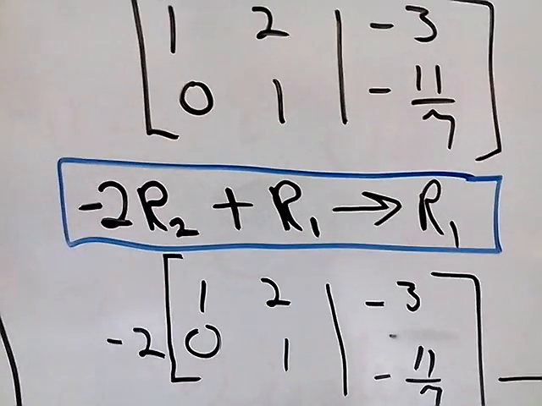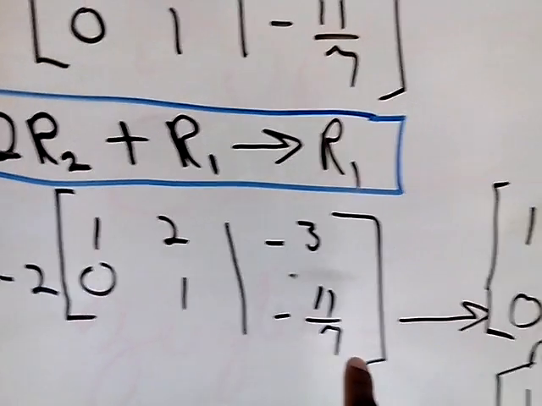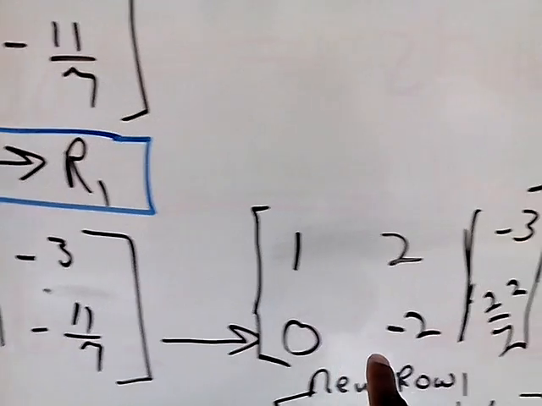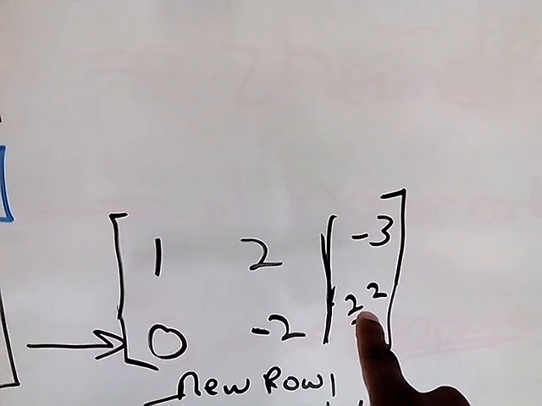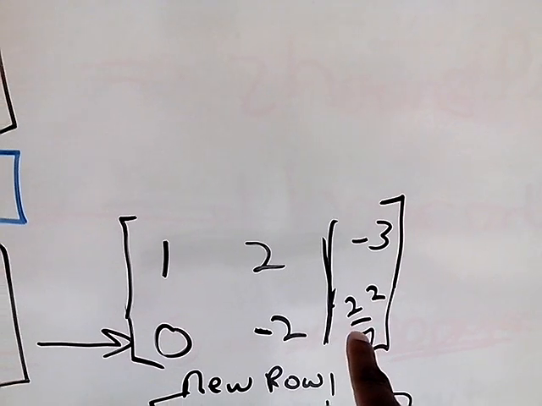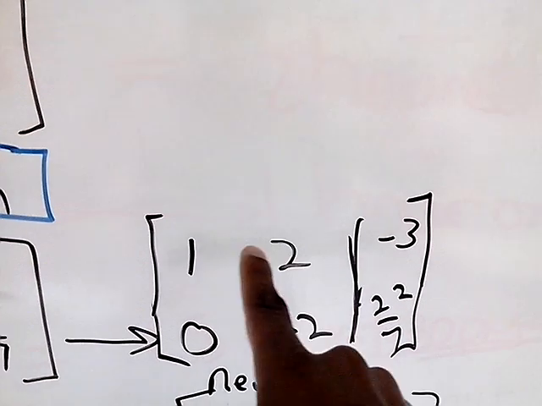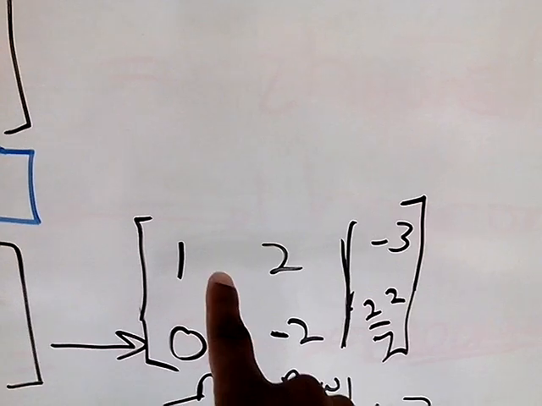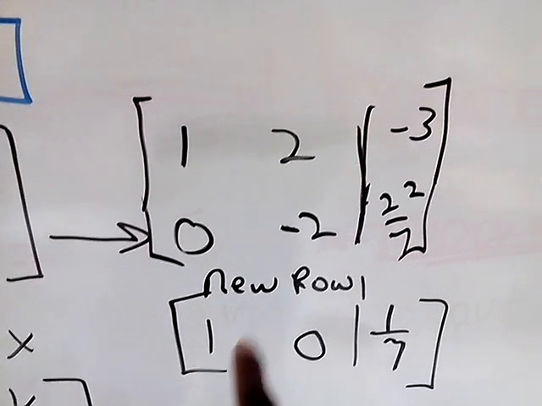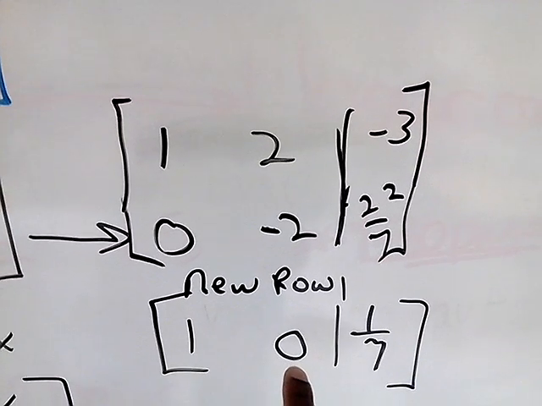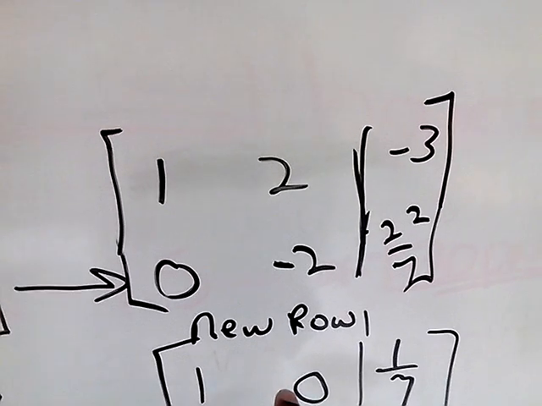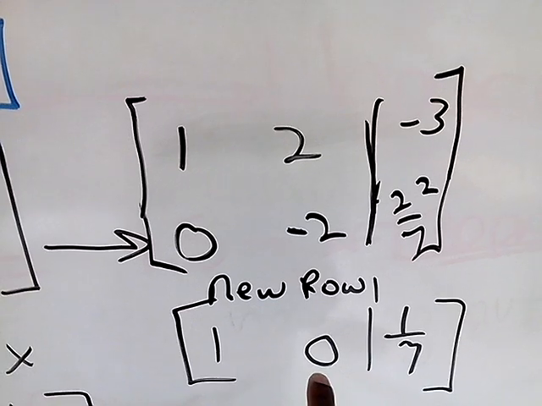So negative 2 times row 2 gives us this result here, 0, negative 2, 22 over 7. And then we're going to add that to row 1. So 1 plus 0, negative 2 minus 0. We get the 0 that we want for row 1.